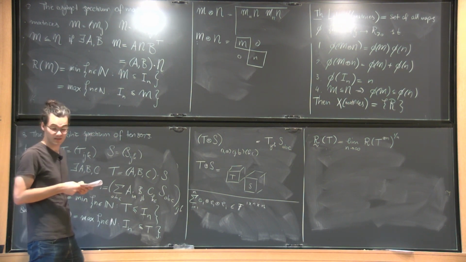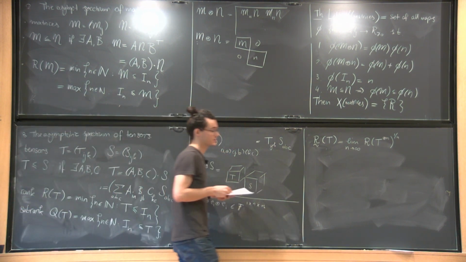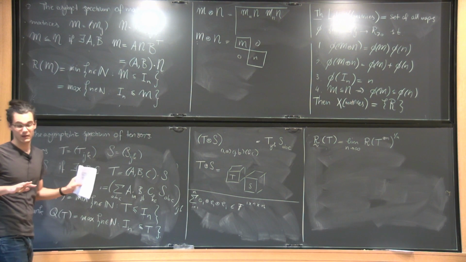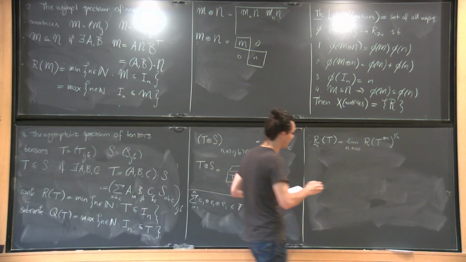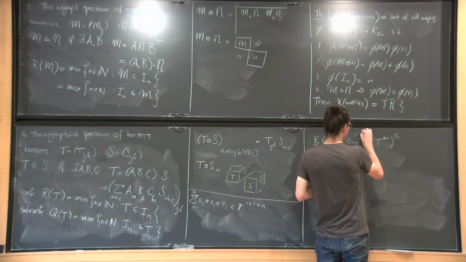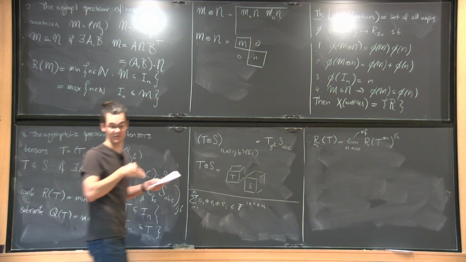This limit exists, which follows from the fact that rank is submultiplicative. And then you can use something called Fekete's lemma to prove that this limit exists and actually equals the infimum of the same expression. So instead of the limit, you could put the infimum over n.